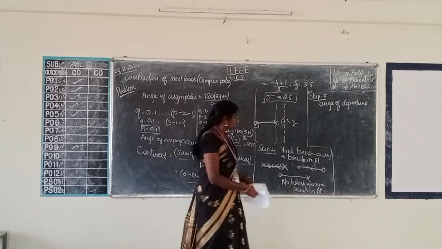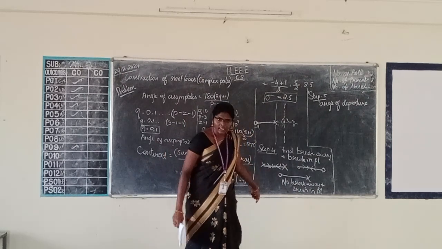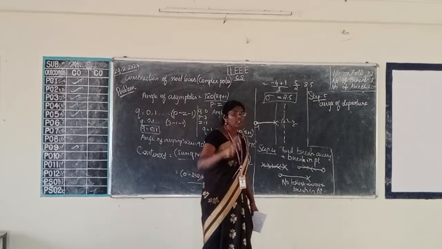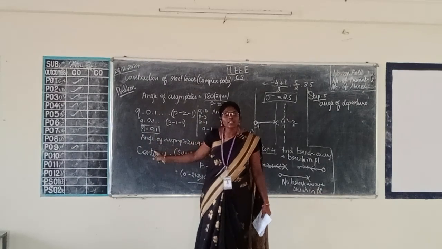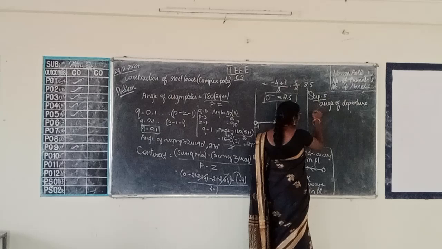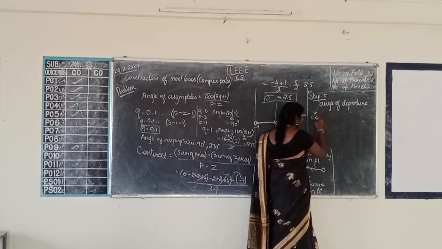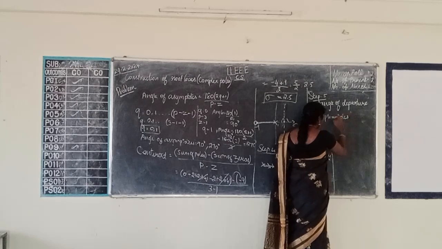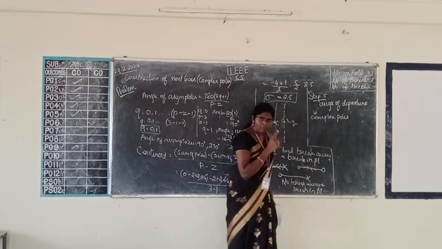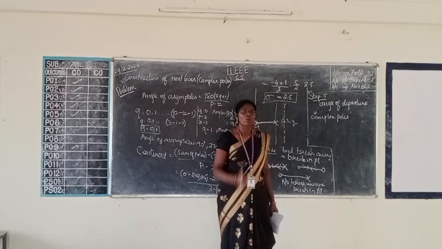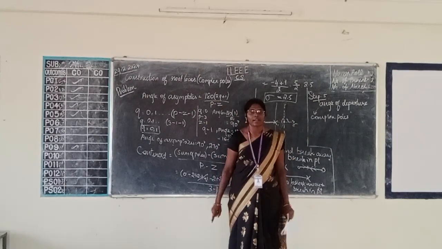Since there is no breakaway and break-in point, we find the angle of departure. Why? Because in our question there are complex poles. Mark my words: since there are complex poles, we calculate the angle of departure. What if complex zeros are there?